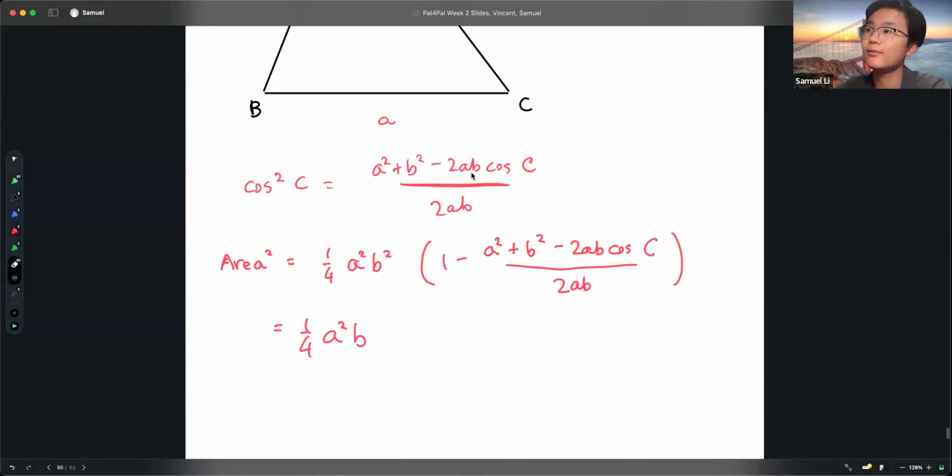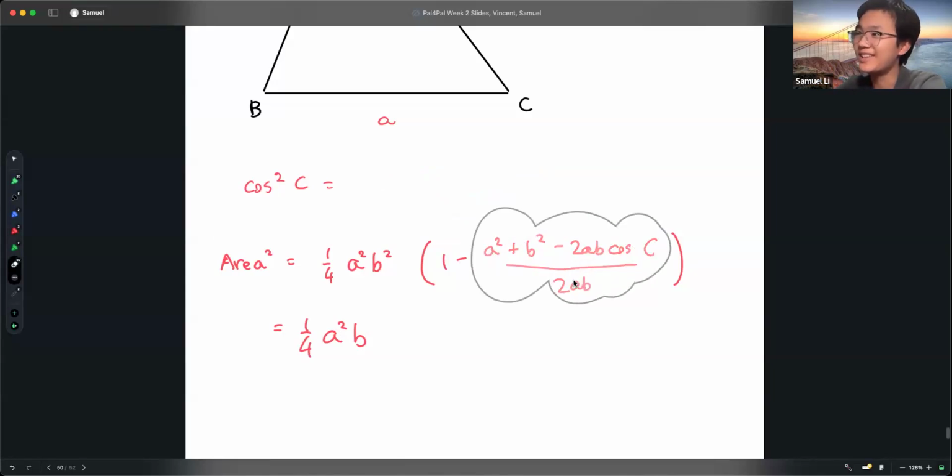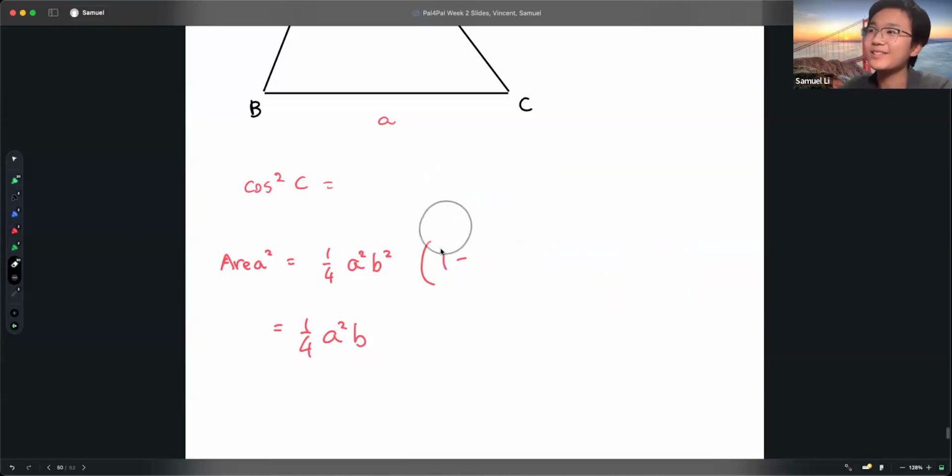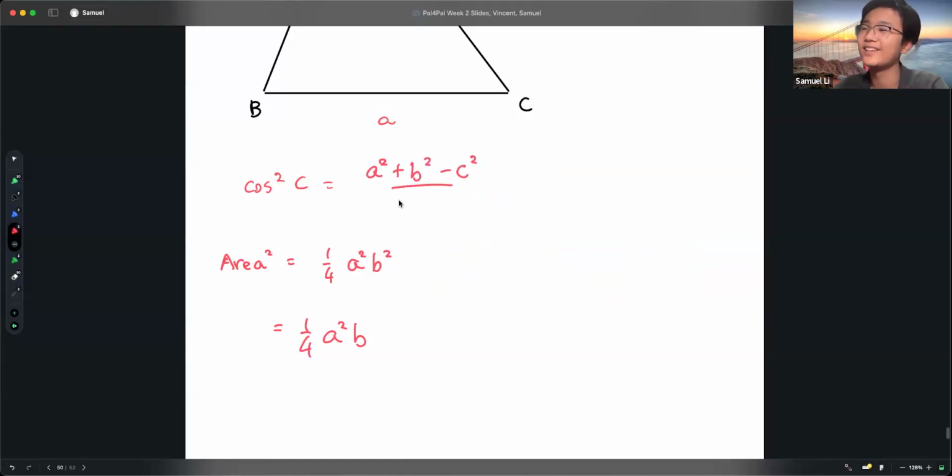I just realized I don't know what I was writing here. Wait, that was kind of embarrassing. This is a squared plus b squared minus c squared. I don't know why I wrote 2ab cosine of c. I was wondering how to get rid of the cosine, and yeah, that's my bad. Okay, this makes far more sense.